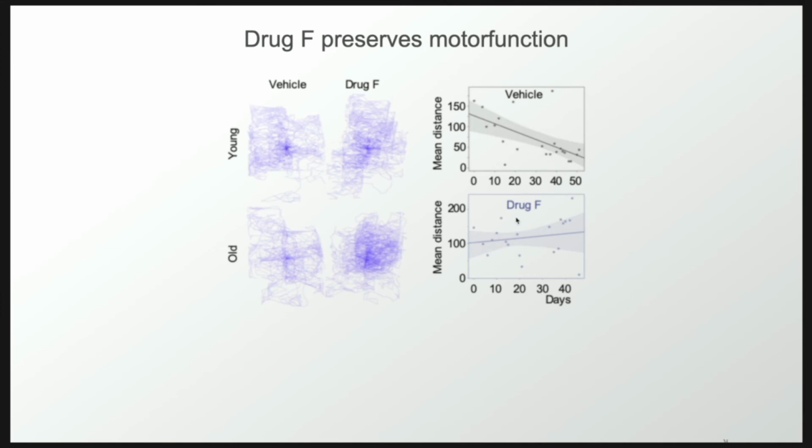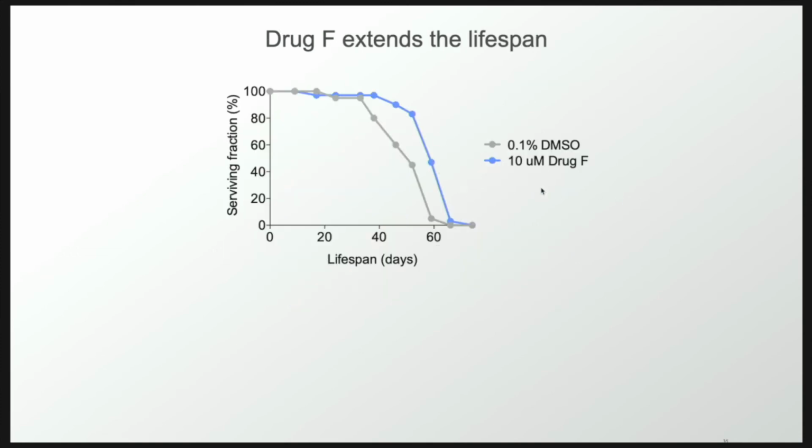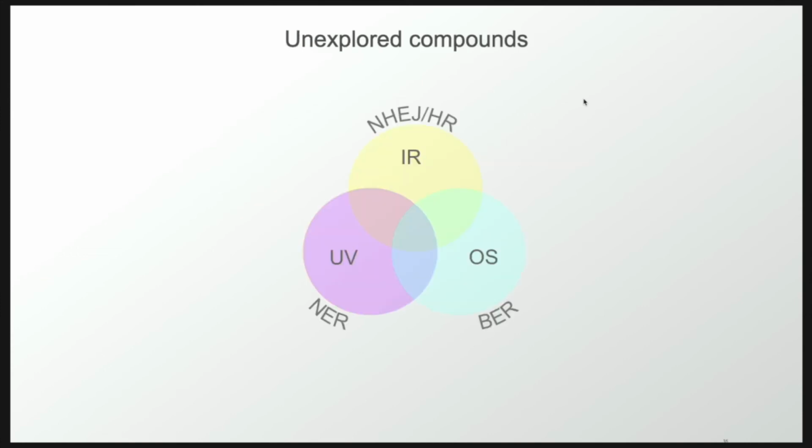And we also see this actually in flies, and this is reversed by drug F, so this is quite interesting. And drug F also appears to be able to increase the mean lifespan of flies. So this is really very exciting, and we are exploring further with this drug.